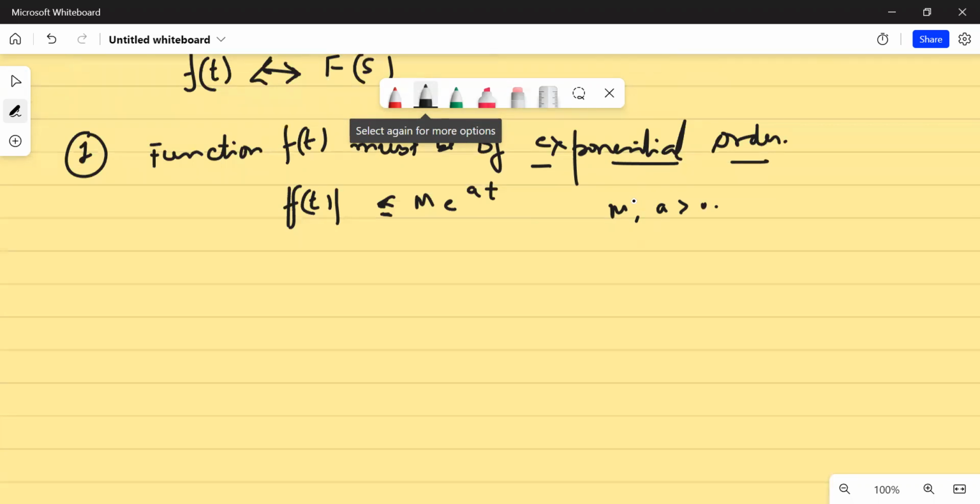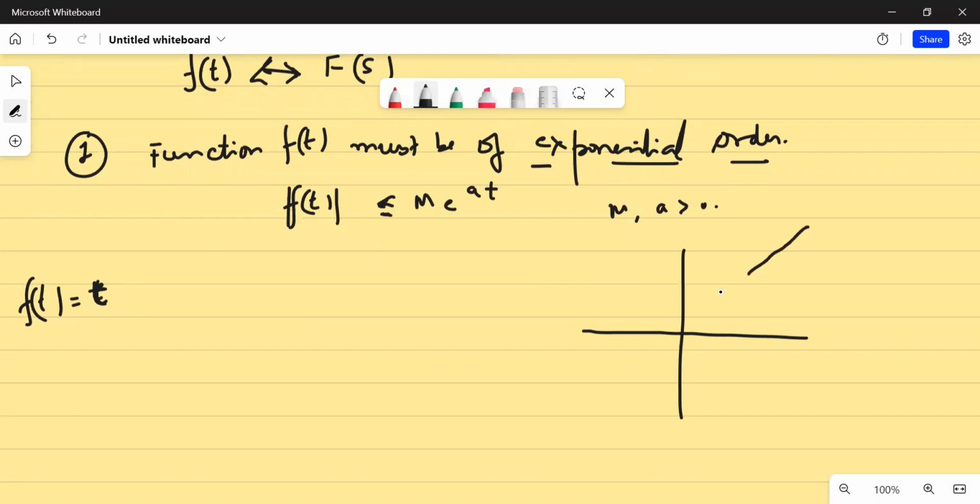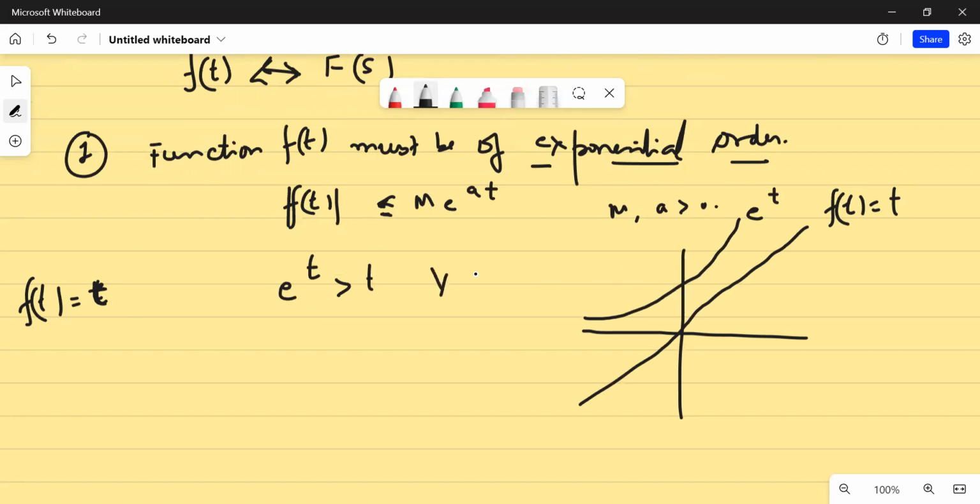For example, let us take one example. Let us say f(t) is equal to t. One can clearly see that e^t is greater than t for all t greater than 0.